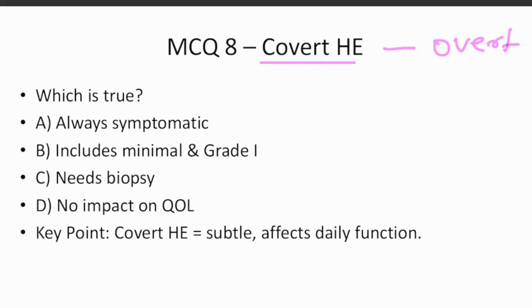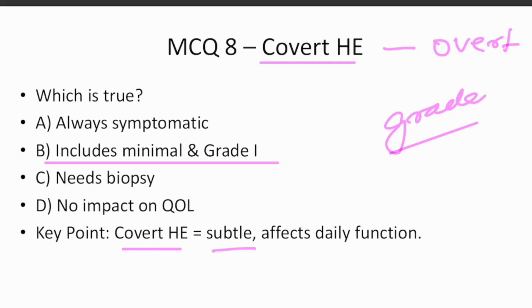Covert includes minimal and grade 1. Grade 2 onwards, you call it overt hepatic encephalopathy. Covert hepatic encephalopathy has subtle changes that affect daily function. So these are the two terms.